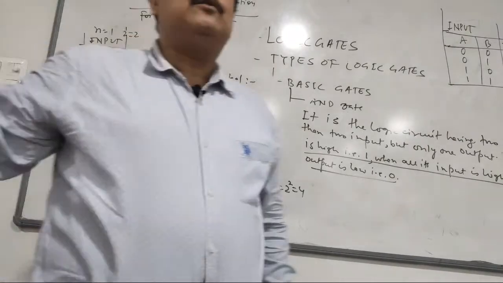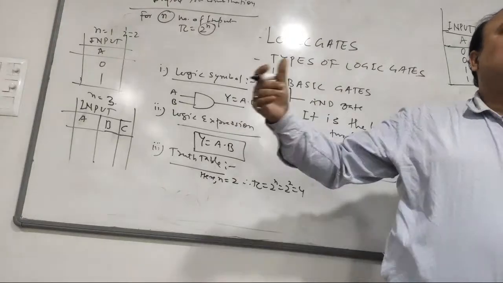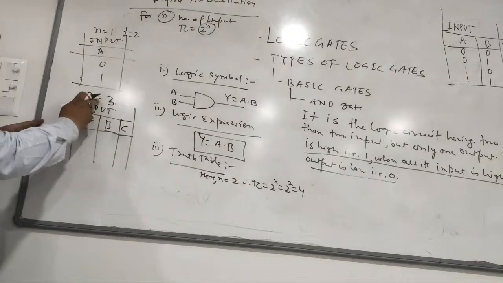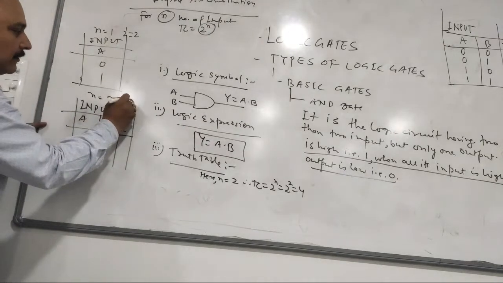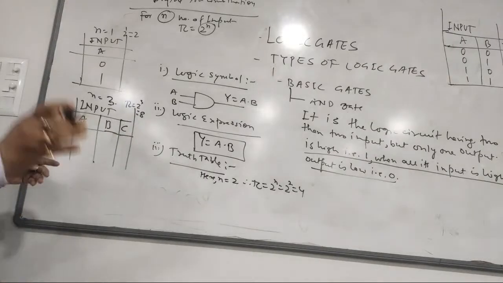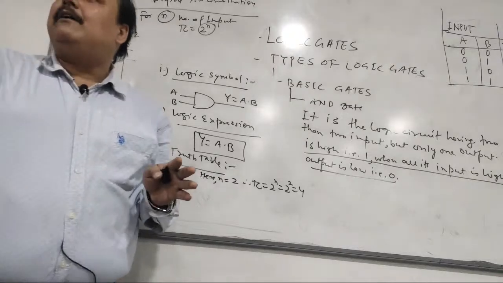Whatever process we do for single input and for 2 inputs, the same process is repeated for 3 or n number of inputs. Here the total number of inputs is 3, so what is the total combination? 8. Now we have to maintain 3 columns. What is half of 8?